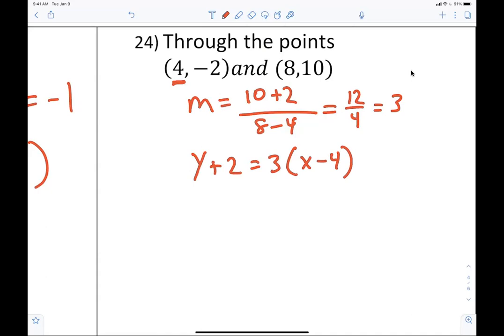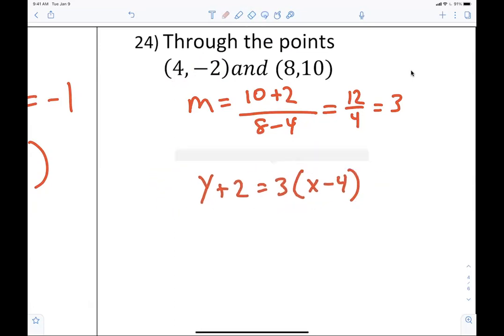I have a question on how you got +2. Y minus -2 is y plus 2. Right? Avery, come on, kiddo. Tell me, do you agree with me? I don't want you to just say yes. If I need to write it on the equation for you, I'll put it in the equation.